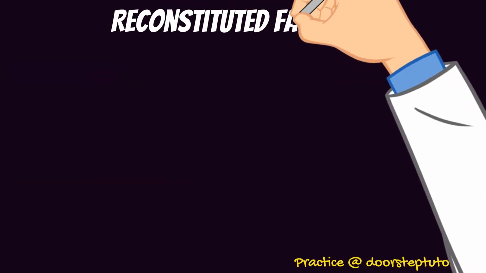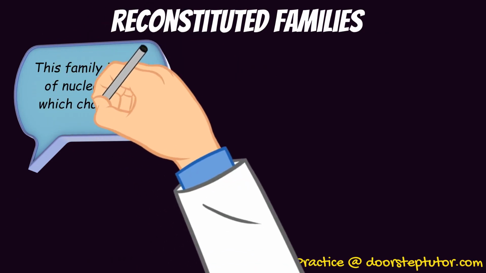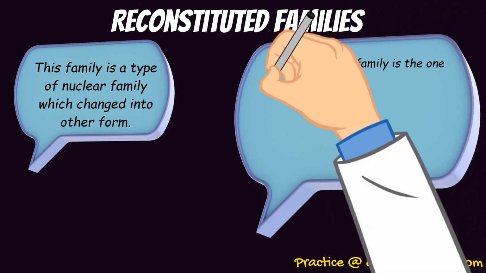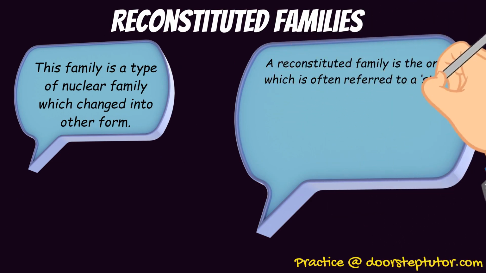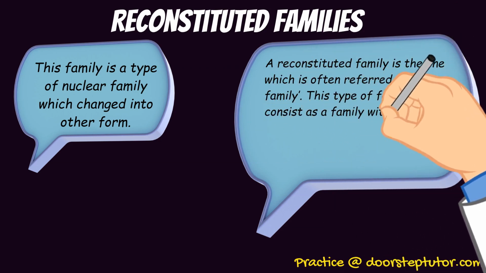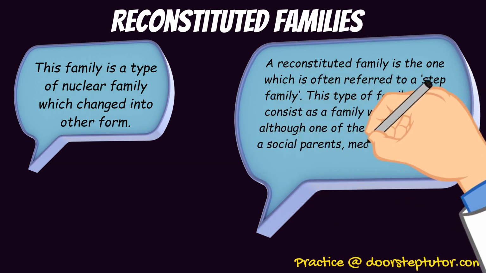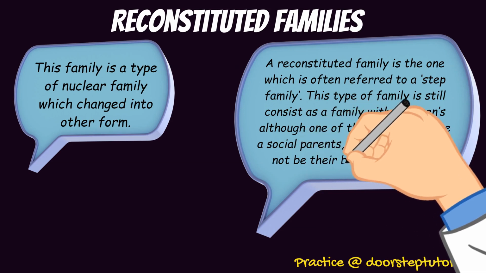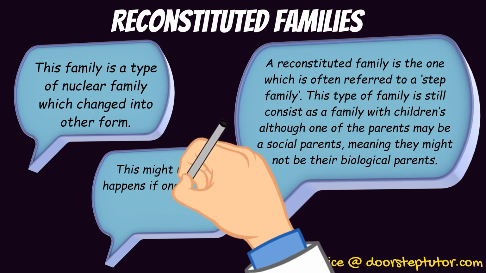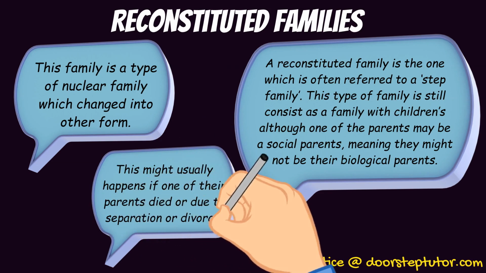Next, reconstituted families. This type of family is a nuclear family which changed into another form. A reconstituted family is often referred to as step family. This type of family still consists of a family with children, although one of the parents may not be a biological parent. This usually happens if one of the parents died or due to separation or divorce.